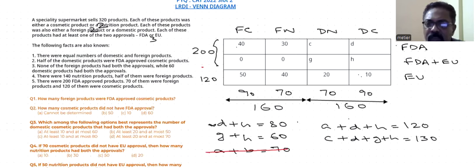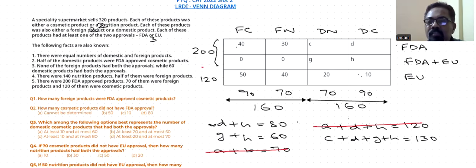Now check it. A plus D plus H is not required anymore, because we have already calculated the value of A. Let it be stricken out. Now check G plus H. G plus H is 60. So what we are getting here is G plus H is 60, or you can say D plus H is 80.